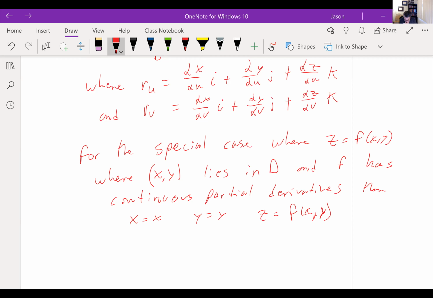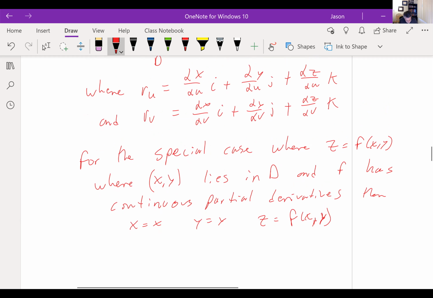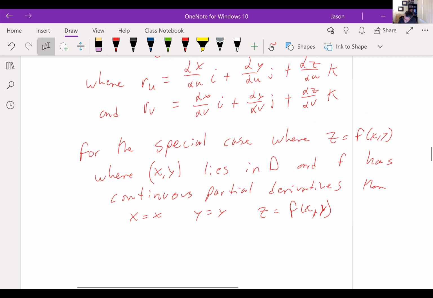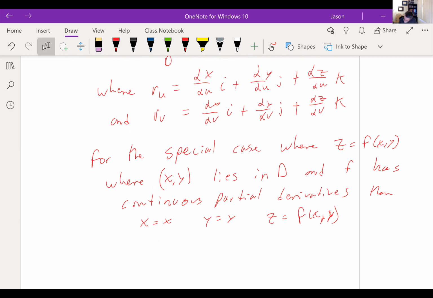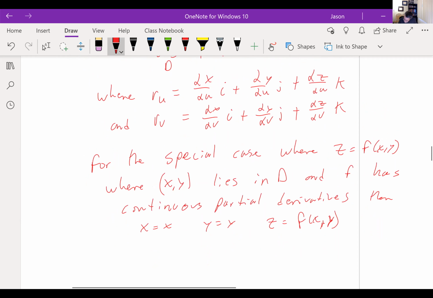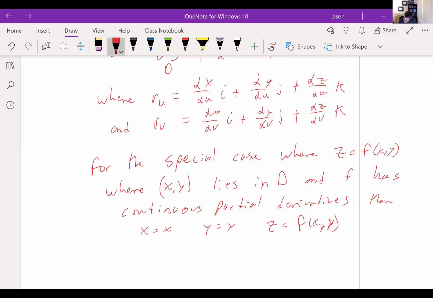Let me think about this for a second. We want a cross product, r_u and r_v. If we were to parameterize this in terms of x, y, it's only going to be parameterized in terms of x and y now, right?